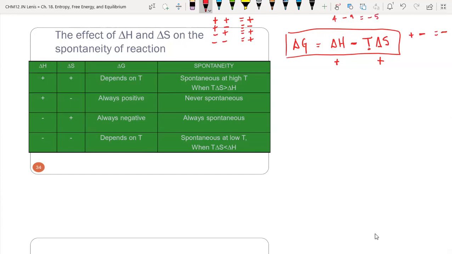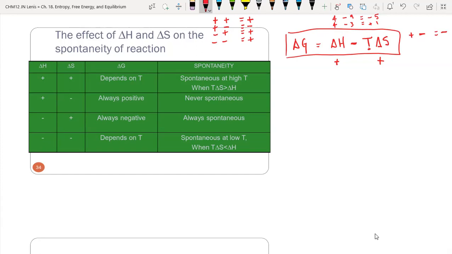In order to be negative, this number has to be bigger than that. This number is not changing here. 4 minus 3, how much is that? 4 minus 3 is plus 1. So you see, if we have a small number here, the whole thing will become positive and will not be spontaneous.